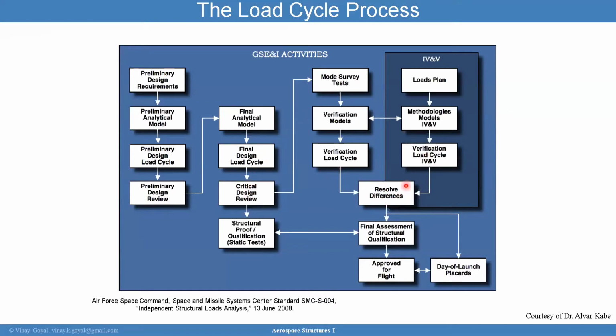So you want to resolve the differences between the organizations to make sure that the loads being used and the design are correct. If the loads are correct and everything looks great, you can step into the final assessment of the structure qualification. And if the structure qualification passes with the loads that you came up with, they're fully encompassing, they have gone through a lot of vetting, then you can go straight through to flight.